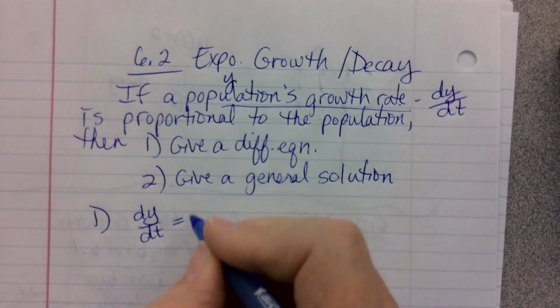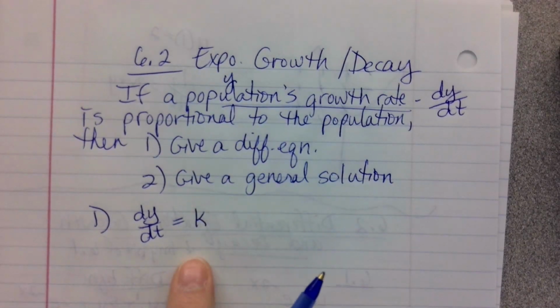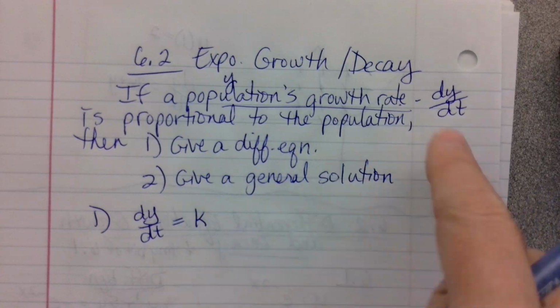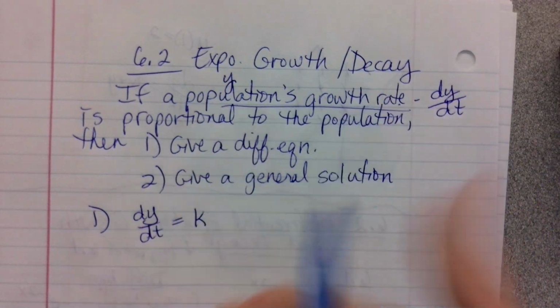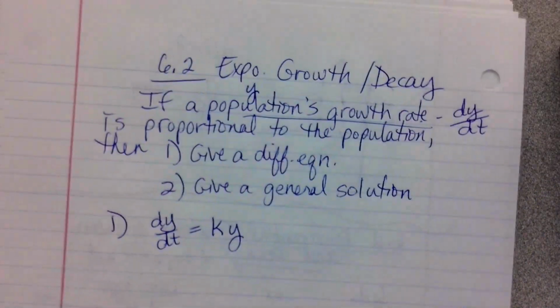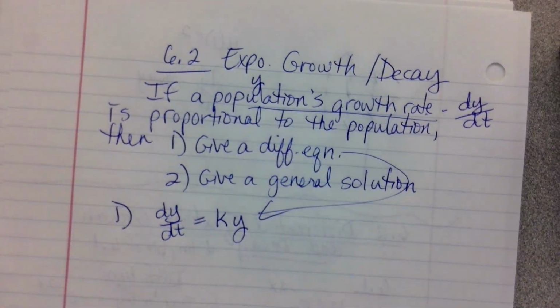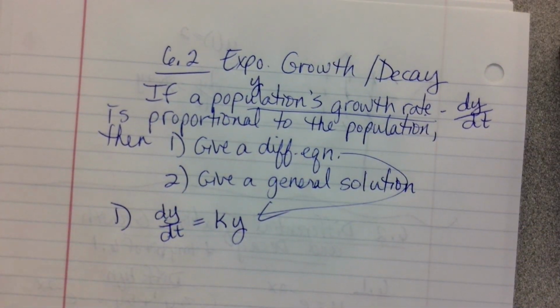That means there's a constant of proportionality, right? To the population itself. Well, if y is my population, then that is the differential equation. Done. It is the rate of growth of that population over time, right? Why would I need y as a function of t? Oh, you could say y of t.